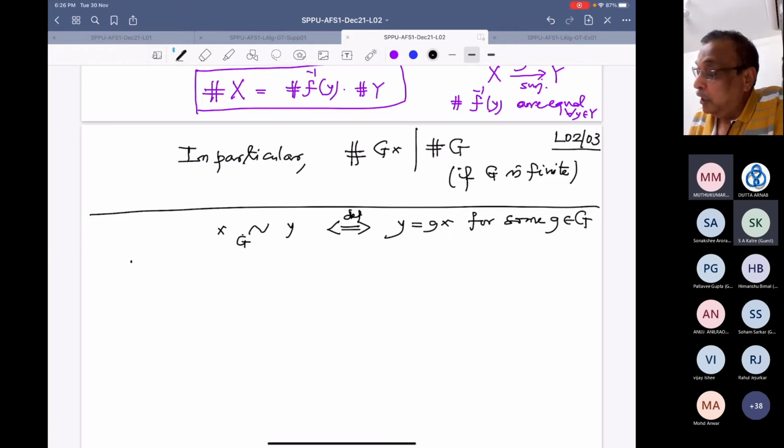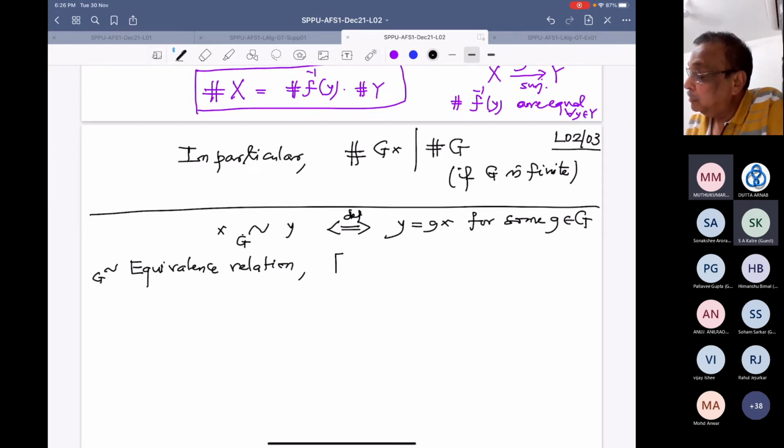So you would have checked, I suppose, that the tilde on the left G is an equivalence relation. And the equivalence class of x under this relation is precisely the orbit of x, small x.